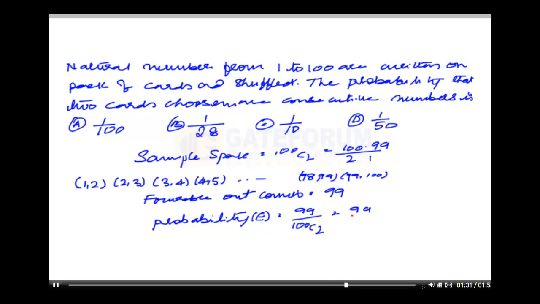Therefore, I can write 99 by 100C2, which is 100 into 99 by 2, and the 2 will go to the numerator. After cancellation, I will get 1 by 50. Therefore, the probability of the event of choosing two consecutive numbers is 1 by 50.